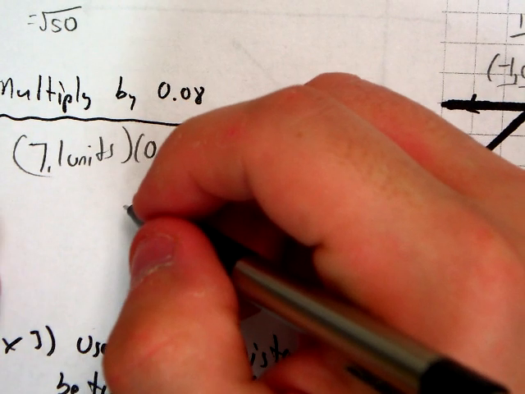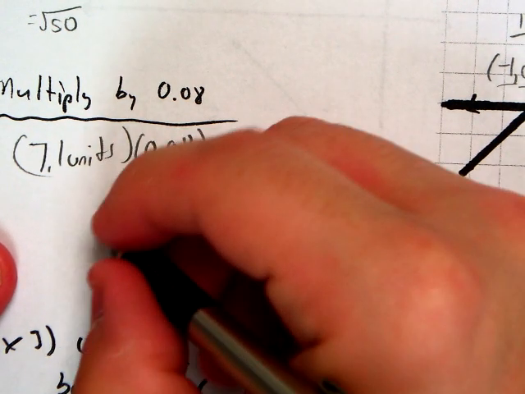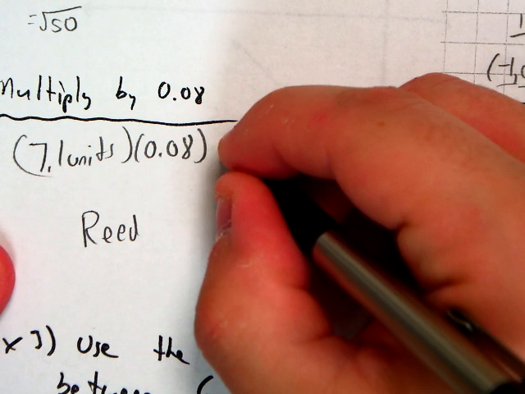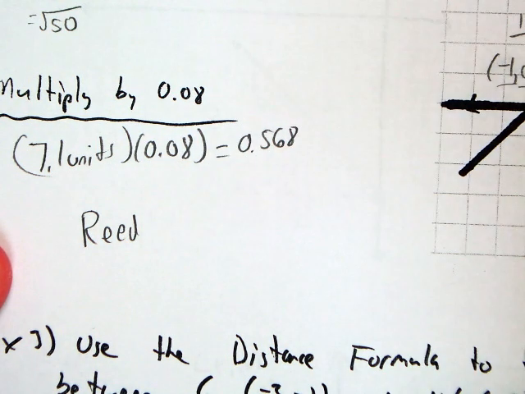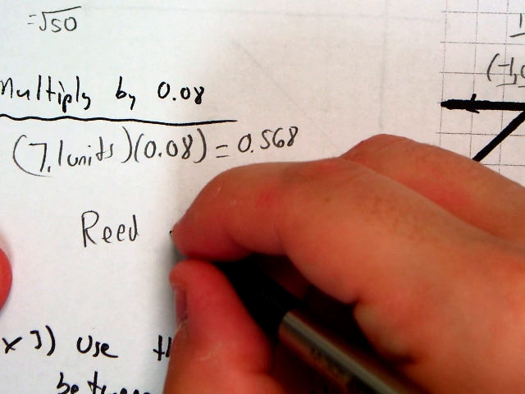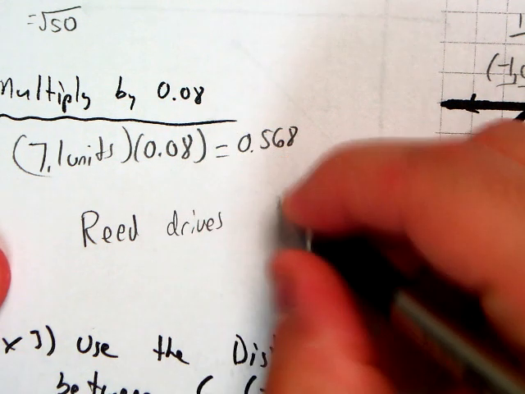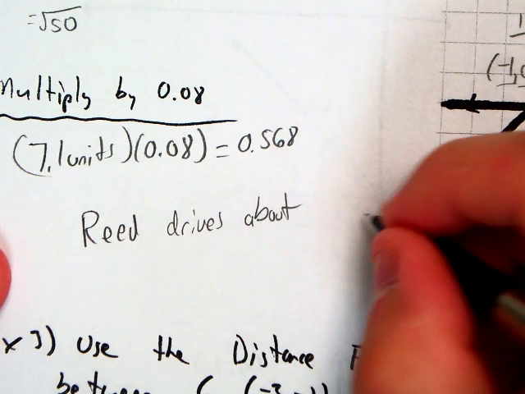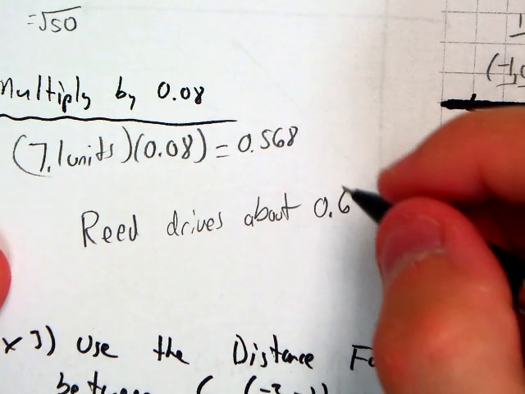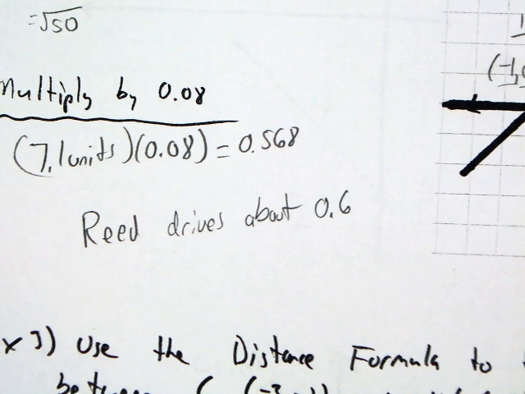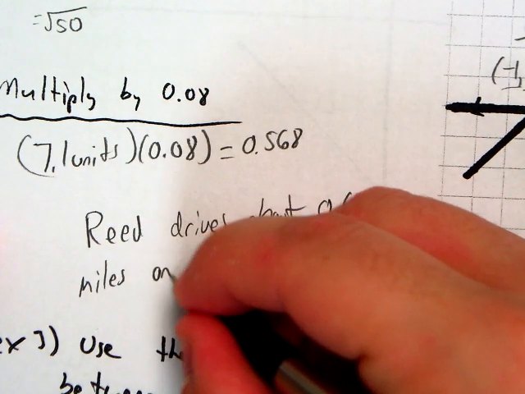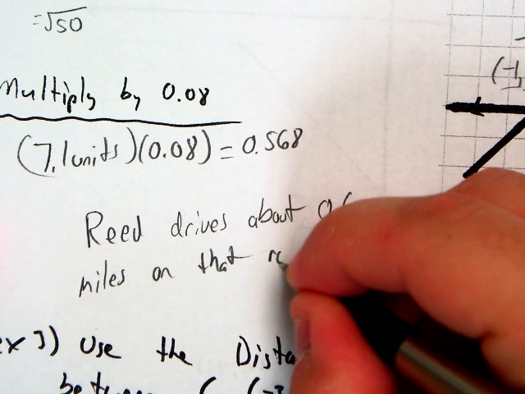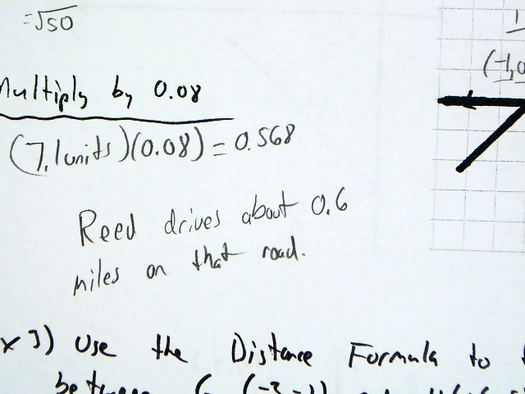So if I do this multiplication, this is going to be equal to 0.568. Probably going to want to round that, so Reed drives about 0.6, 0.57, something like that, miles on that road.